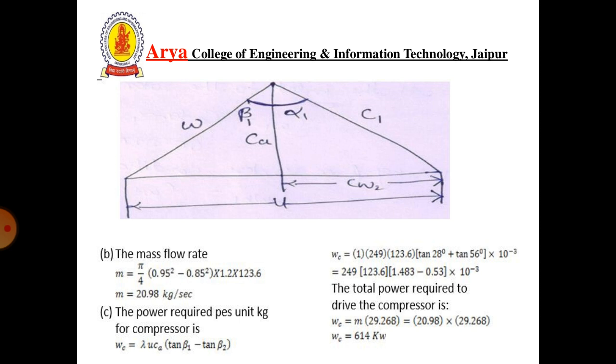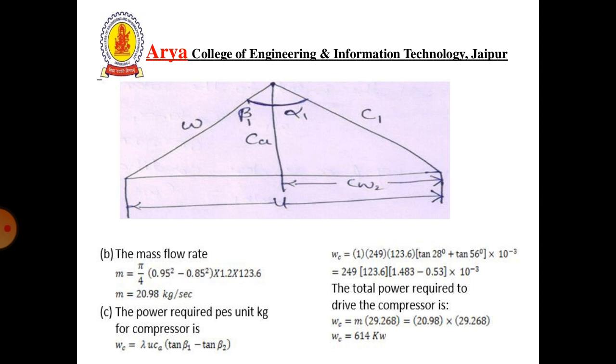Now the second point, the mass flow rate: m equals pi by 4 into (0.95 square minus 0.85 square) into 1.2 into 123.6, that is m equals 20.98 kg per second. Power required per unit kg of the compressor gas is Wc equals lambda U into Ca (tan beta 1 minus tan beta 2).